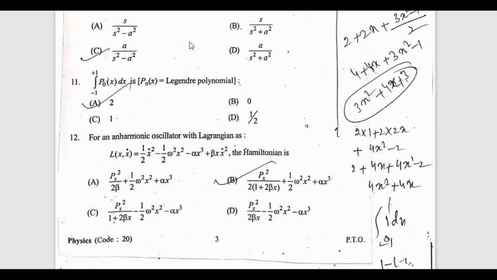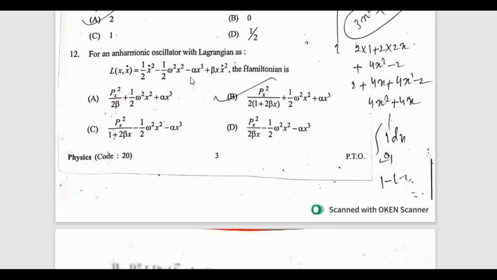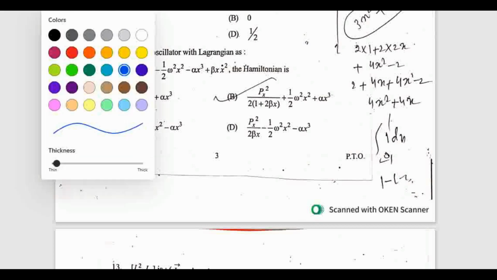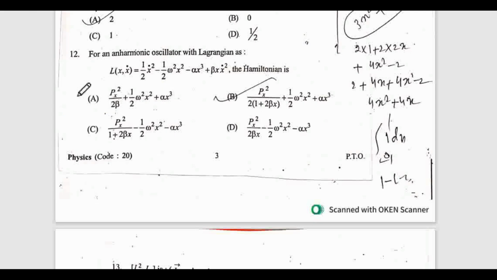Now coming to the 12th number question, it was given an anharmonic oscillator, and a Lagrangian was given, and it is asked to find the Hamiltonian.